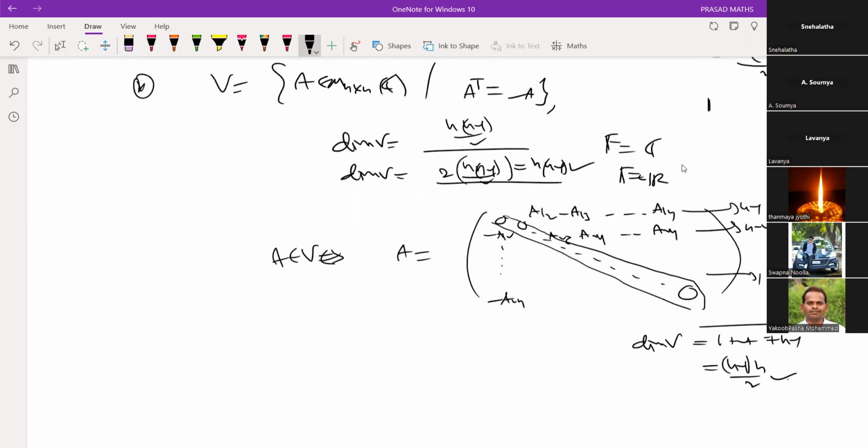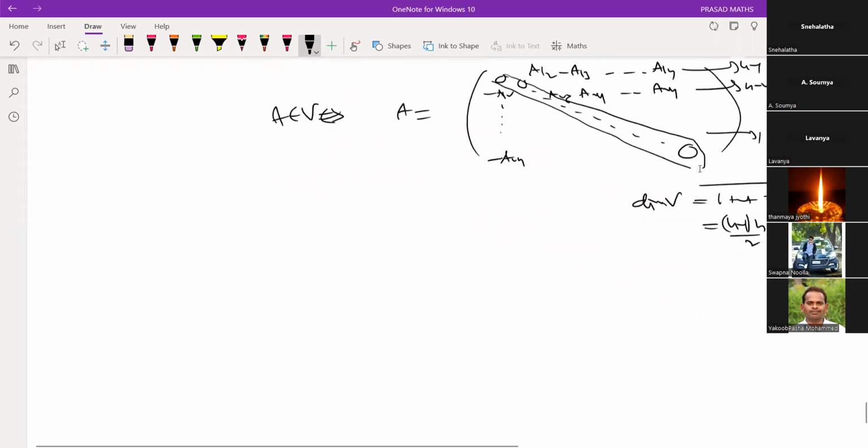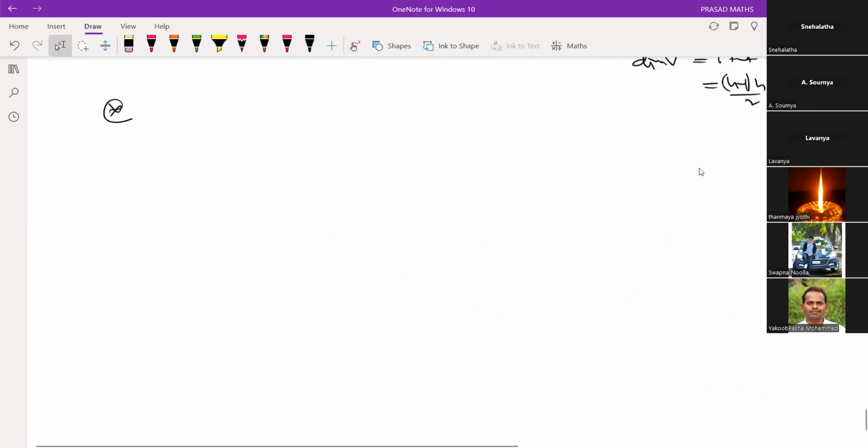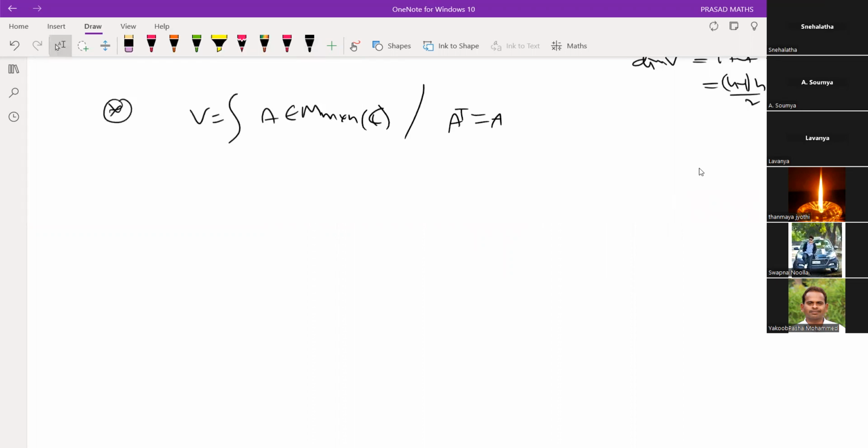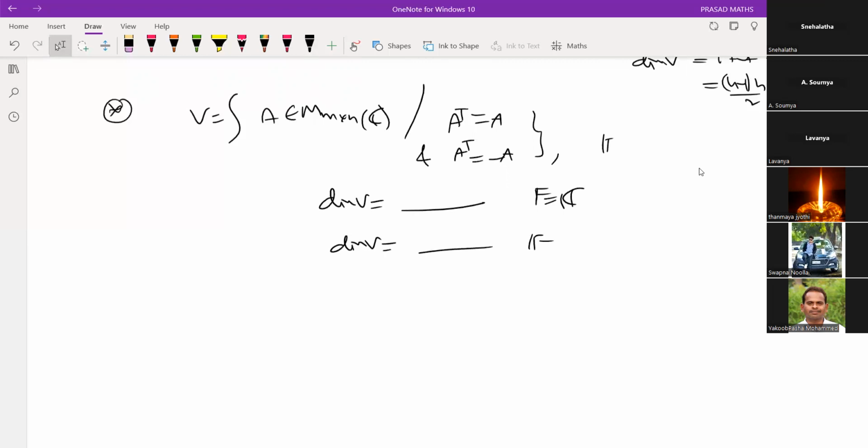So if you have the basics, you can do all of these fast. You need the basics, right? Suppose you take the intersection of symmetric and skew symmetric matrices. My field is complex. What is my dimension? My field is real.